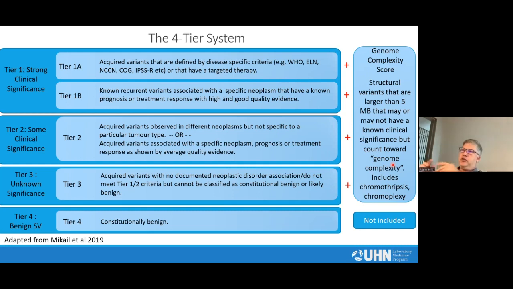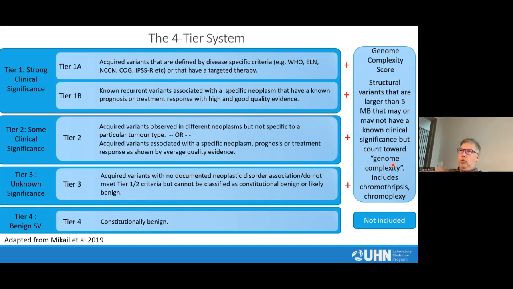So that's one of the keys. If you have a defining abnormality, a driver like a T922, with a VAF of 0.25, and then you have a translocation 416 that doesn't involve any genes and has a VAF of 0.5, very, very likely that is a constitutional abnormality.